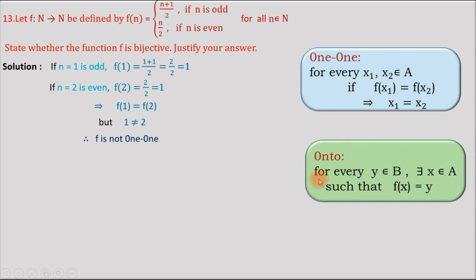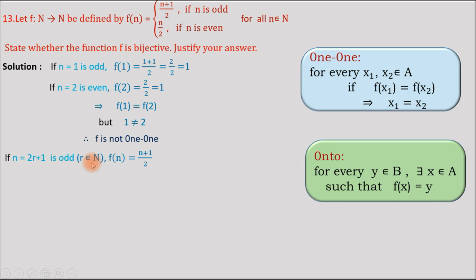For an onto function, for every y belongs to codomain, there exists x belongs to domain such that f of x equals y, means y is the image of x. Take x belongs to domain which is natural numbers. Then check whether its image y belongs to codomain natural numbers or not. For this, take an element in the domain which is an odd number, that is of the form n equals 2r plus 1.